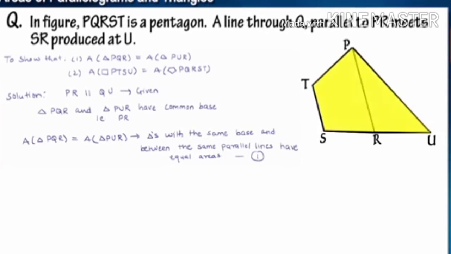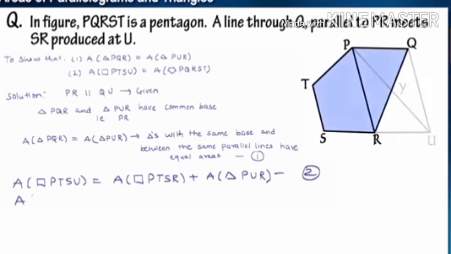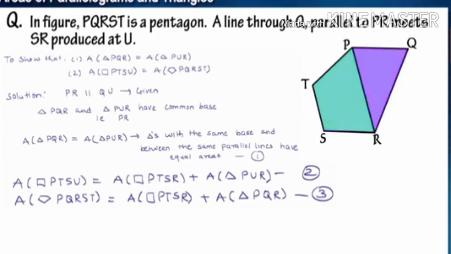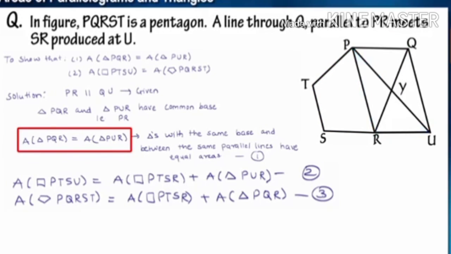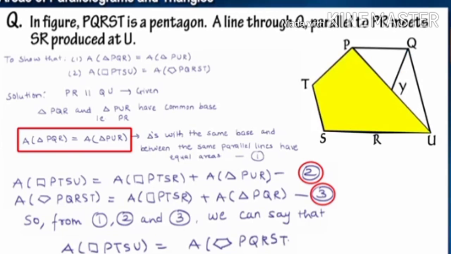Here we can split the quadrilateral into quadrilateral PTSR and triangle PRU, and in the same way we can split the pentagon into quadrilateral PTSR and triangle PRQ. And as we have already proved that both the triangles have the same area, so from 1, 2 and 3 we can say that the quadrilateral and the pentagon will also have equal area.